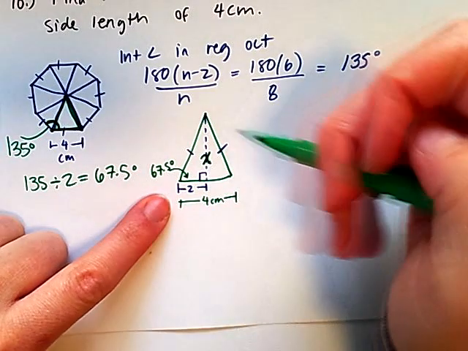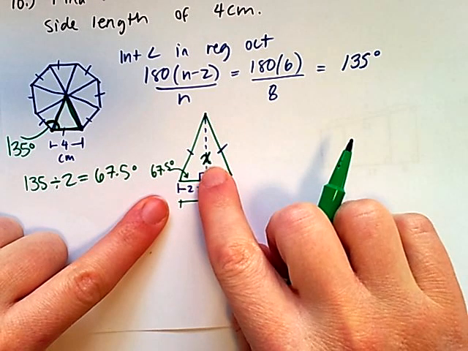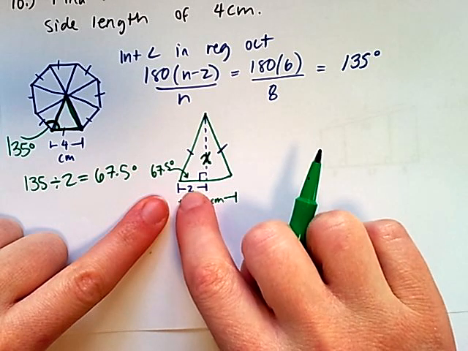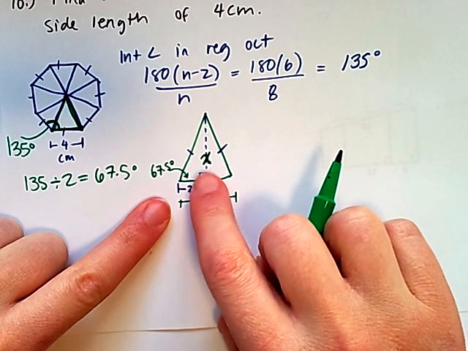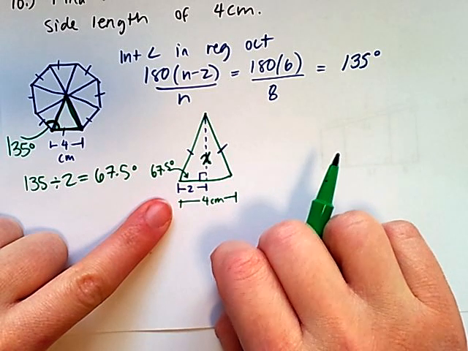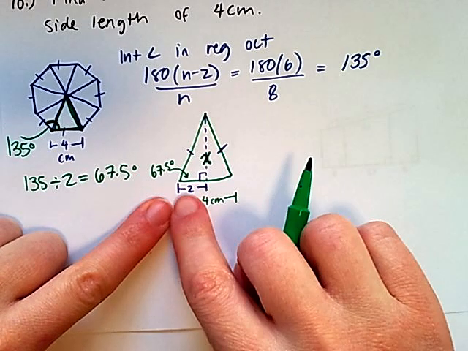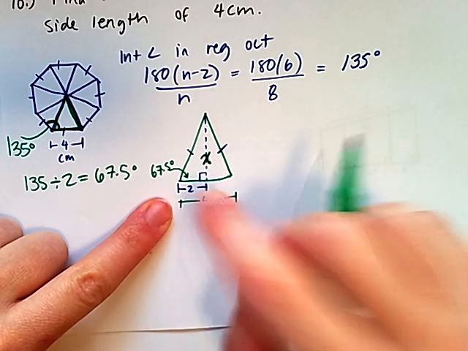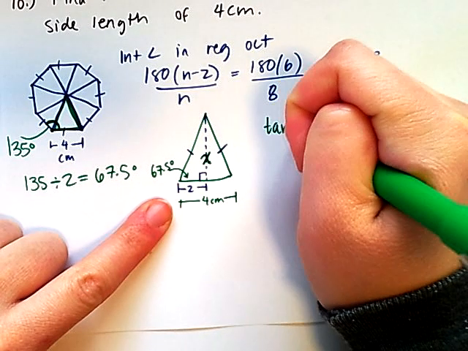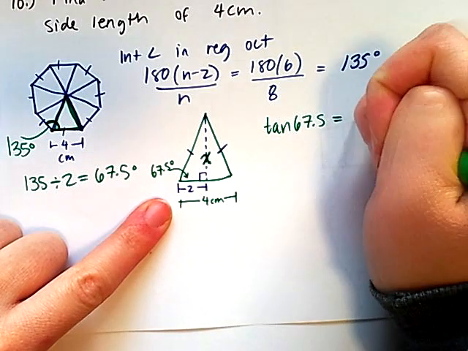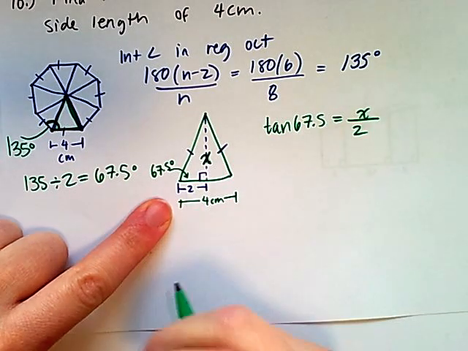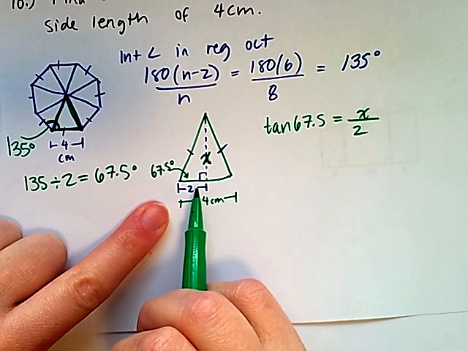So if I want to solve for that x, this is trig. I have the angle. I have one side. So which trig ratio do I need to set up? Well, think for a second. You can even press pause. I have the opposite and I have the adjacent side. So I should set up tangent of 67.5 is equal to x over 2. Using 2 because 2 is the side length in the right triangle.